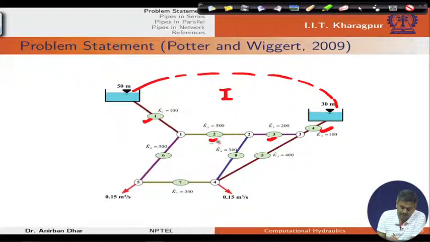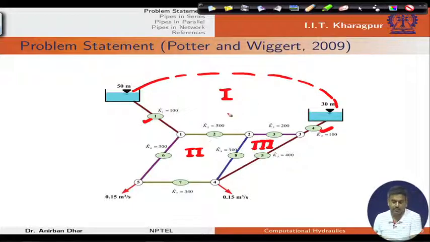In case of the internal loops, which are loop number 2 and loop number 3, we will have only internal pipes and we need to consider them during calculation. But loop number 1 is a pseudo loop, because we do not have a direct connection between these two tanks.